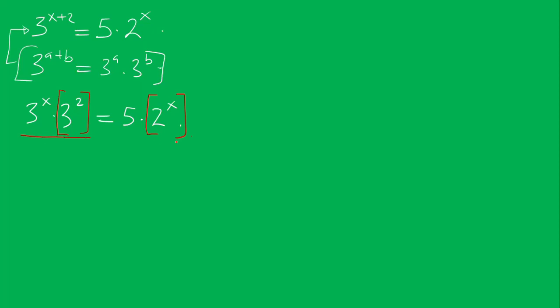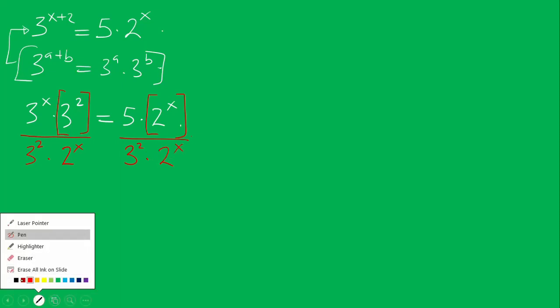The term not needed on the left hand side is 3 to the power 2. The term not needed on the right hand side is 2 to the power x. That is what we're going to use to divide both sides.